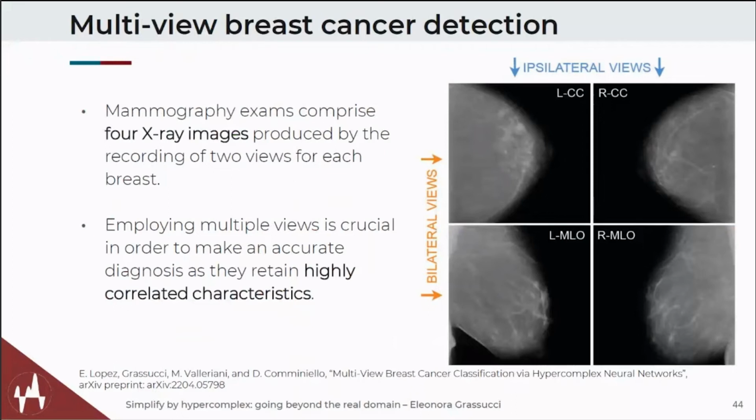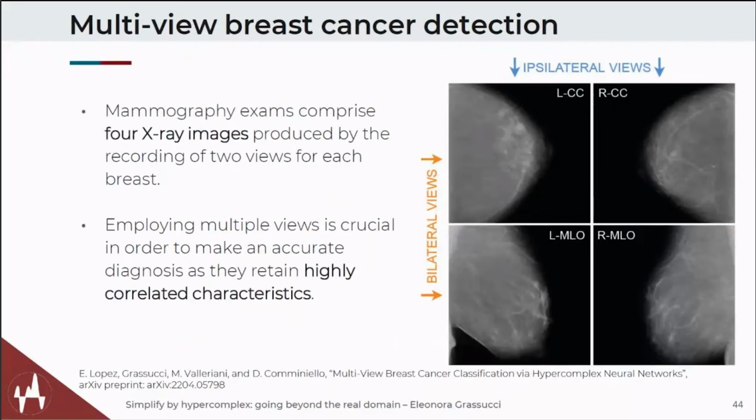And usually a clinician, when having to decide between benign or malignant mass in breast cancer detection, makes use of all four views.